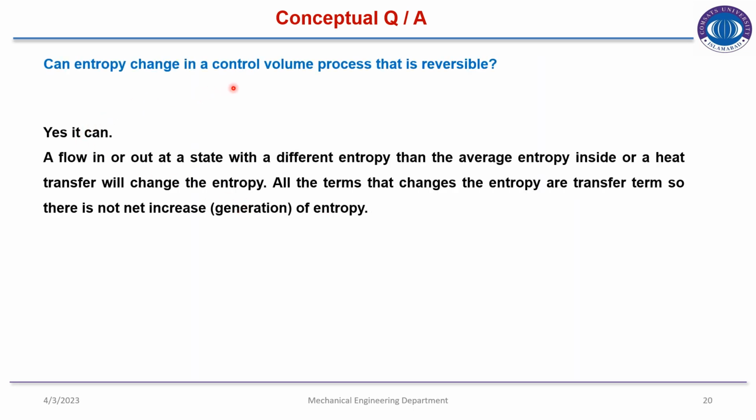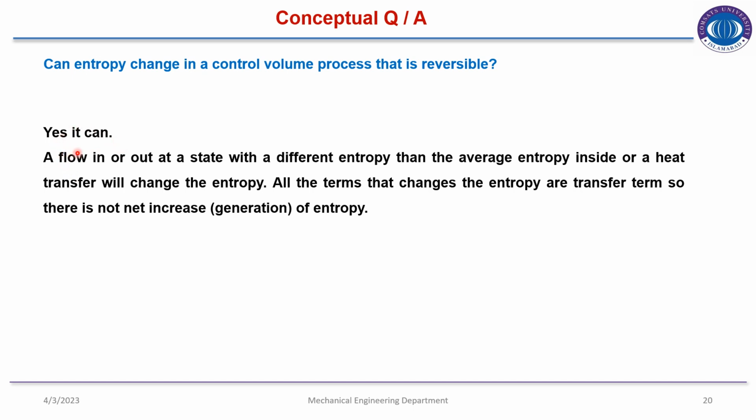Can entropy change in a control volume process that is reversible? So yes, it can. A flow in or out of the state with a different entropy than the average entropy inside, or heat transfer, will change the entropy. All the terms that change the entropy are transfer terms, so there is no net increase or generation of entropy. For a reversible process there is no entropy generation.